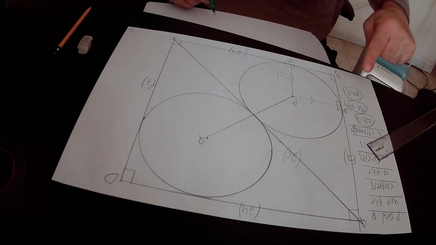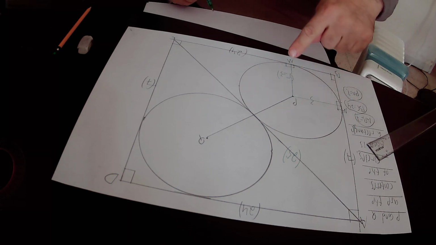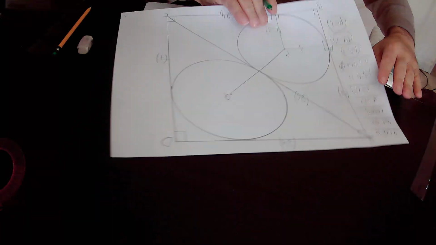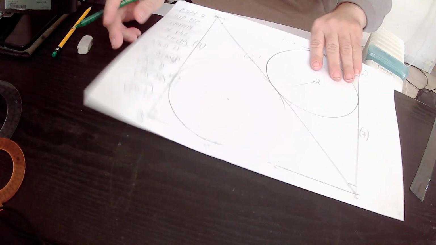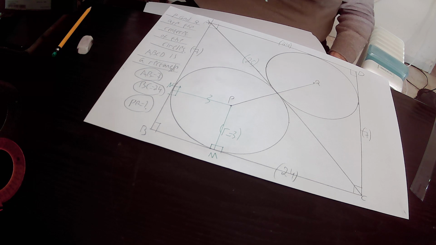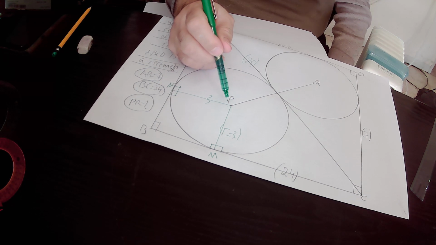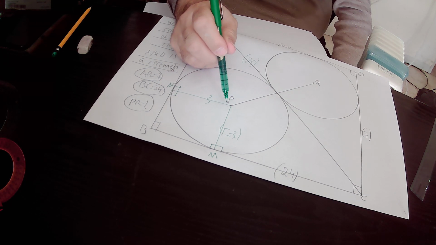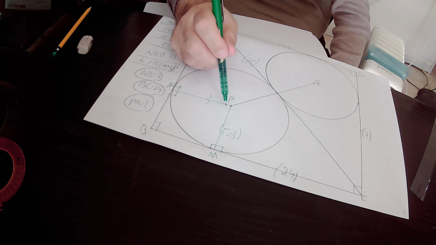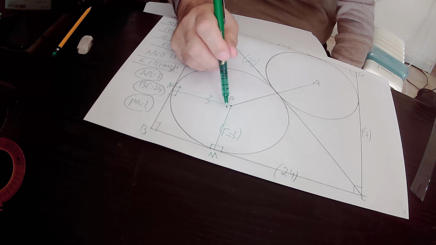So inside quadrilateral NPMB, we have 1, 2, 3 right angles. The sum of 3 right angles is 90 times 3, which is 270 degrees, plus the size of this fourth angle. In total, they must equal 360 degrees, according to the rule that the sum of the angles in any quadrilateral is equal to 360 degrees.